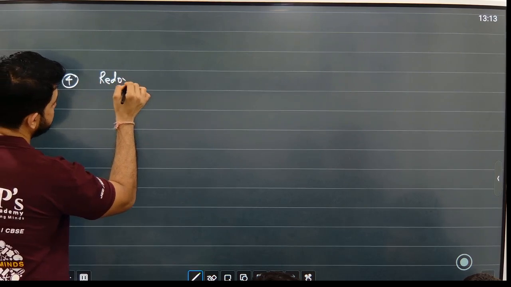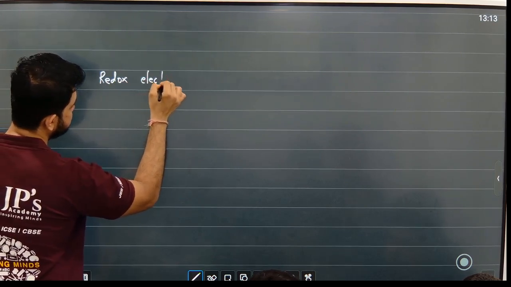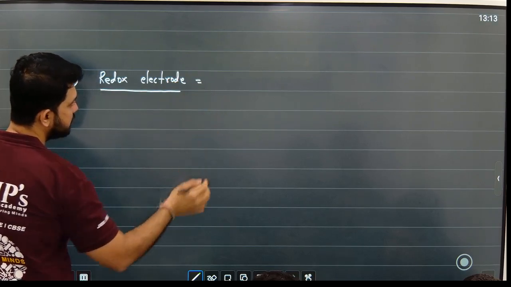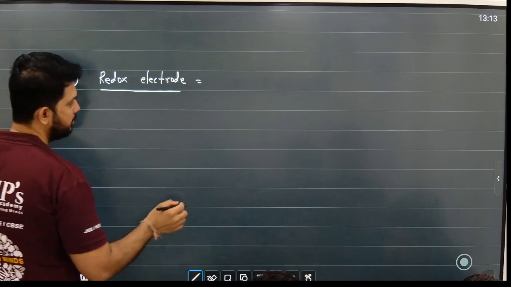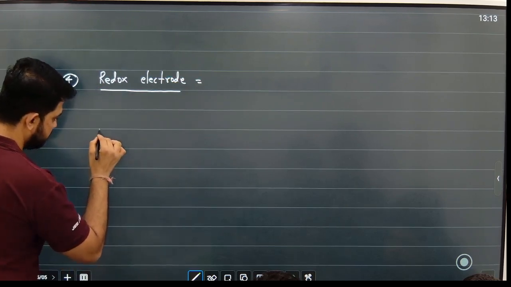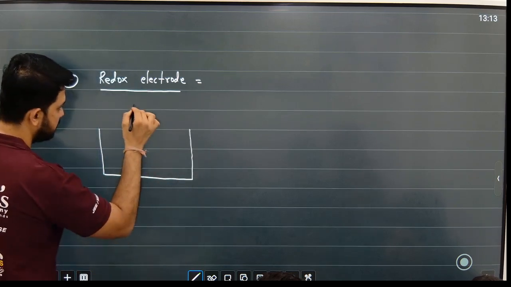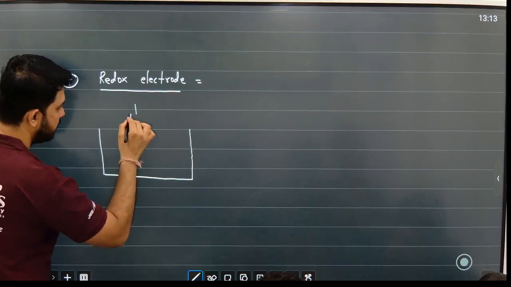And the last electrode that we have is called as redox electrode. Now redox electrode is for those ions which show multiple oxidation states. That is, let's say I have an inert electrode.